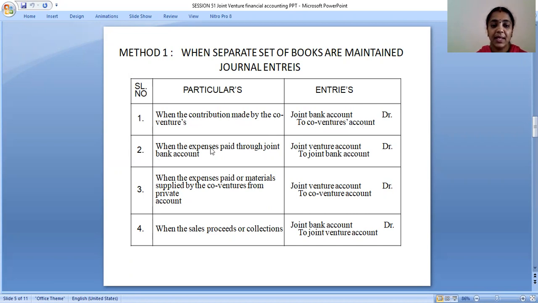Second, when expenses are paid through joint bank account, joint venture account debit to joint bank account. Third, when expenses are paid or material supplied by co-venturers from private account, joint venture account debit to co-venturers account. Fourth, for sales proceeds or collections, joint bank account debit to joint venture account.